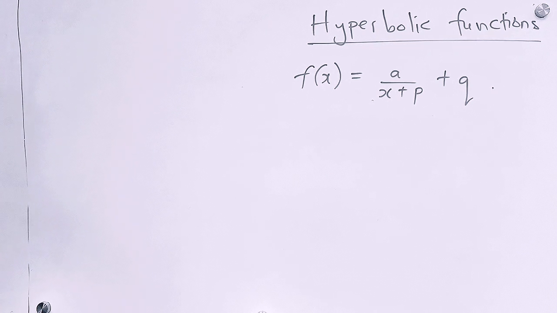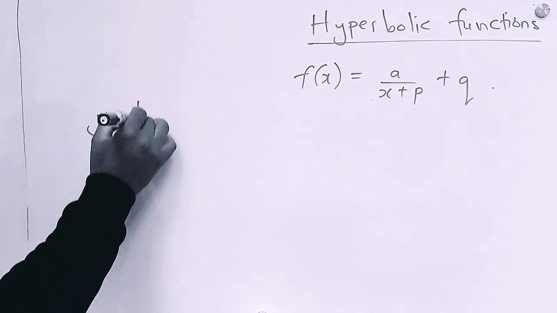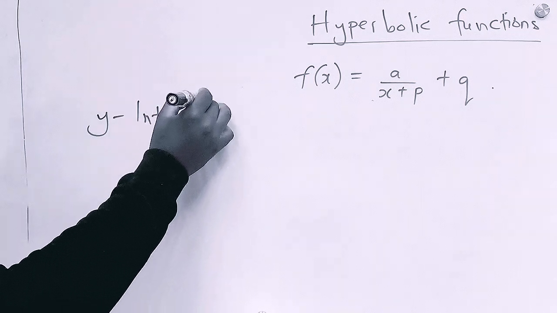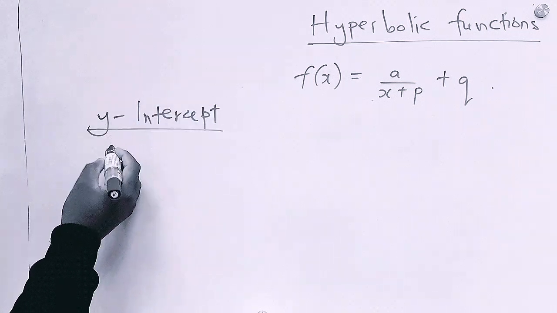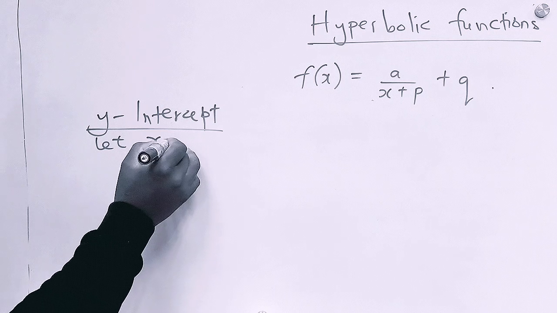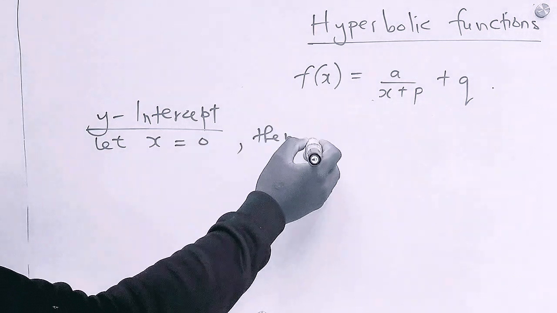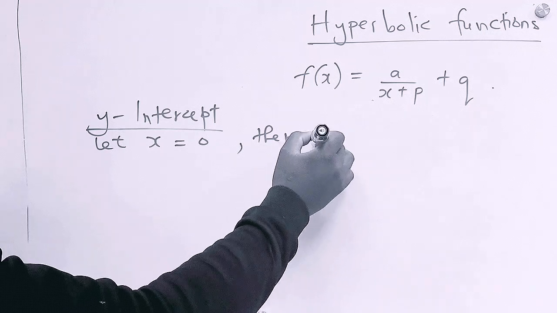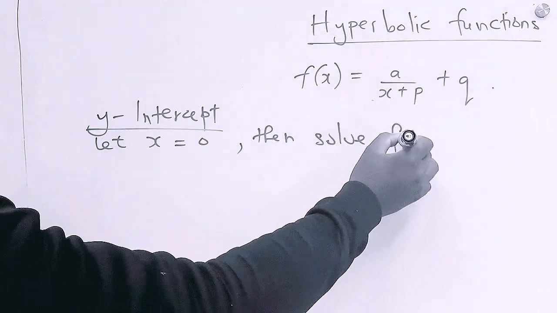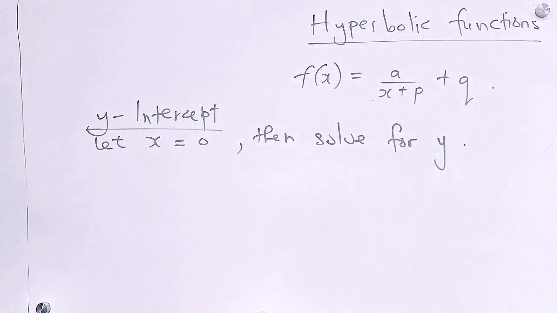To find the y-intercept, you let x is equal to 0, then solve for y. This is how we find the y-intercept.